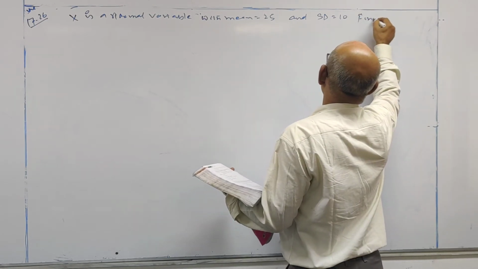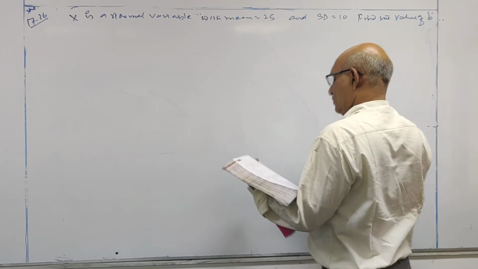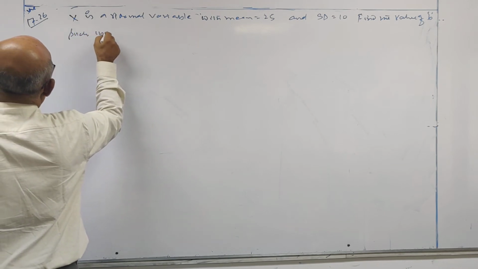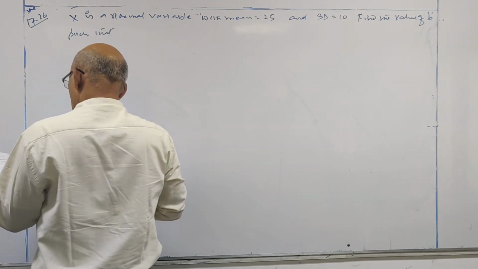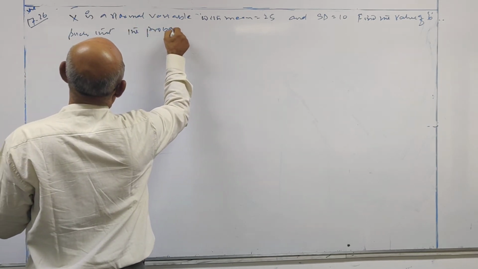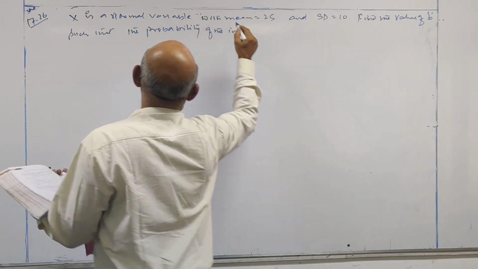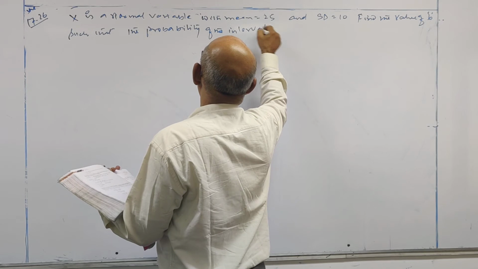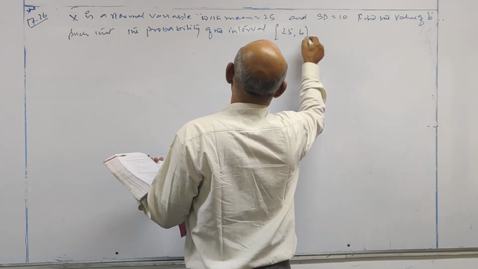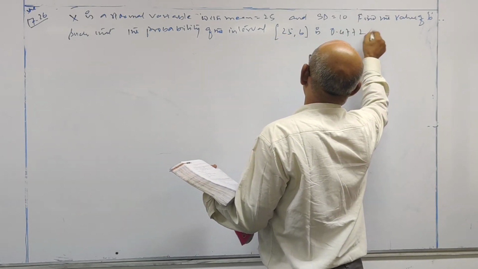Find the value of b such that the probability of the interval (25, b) is 0.4772.